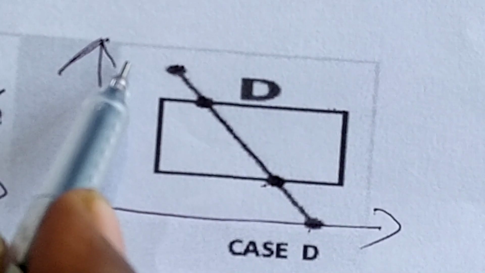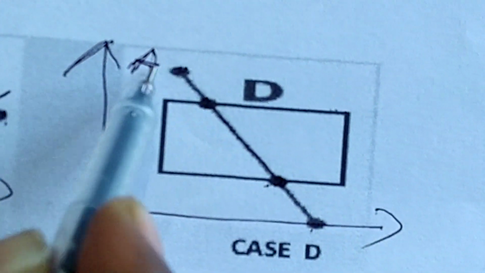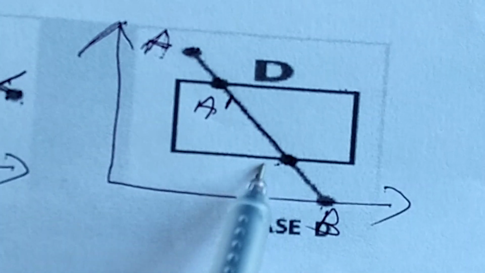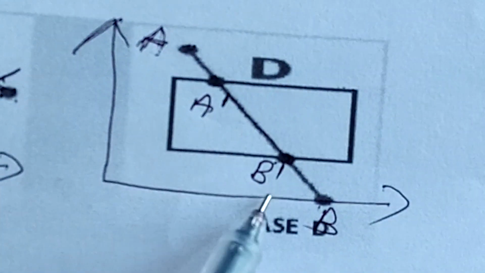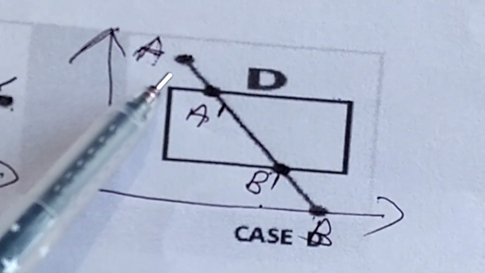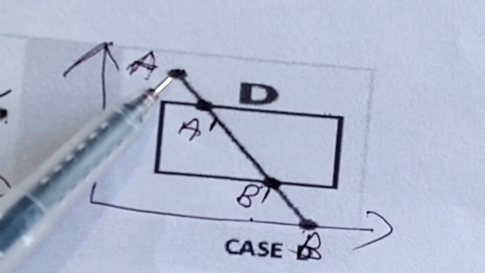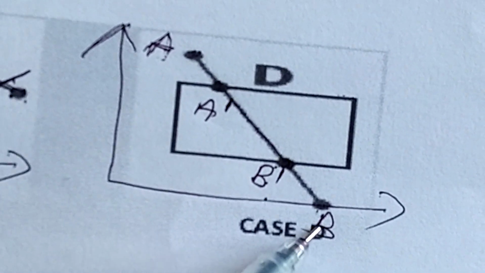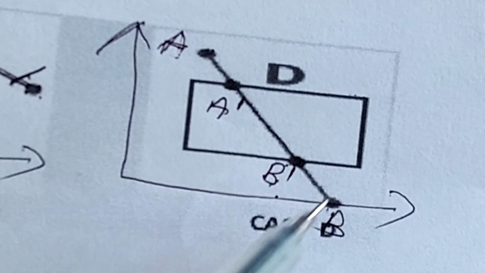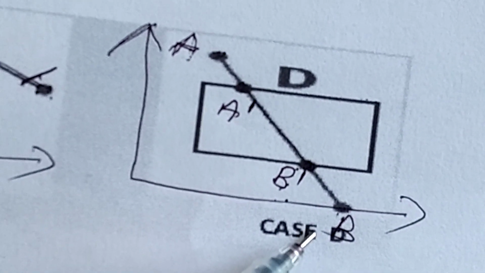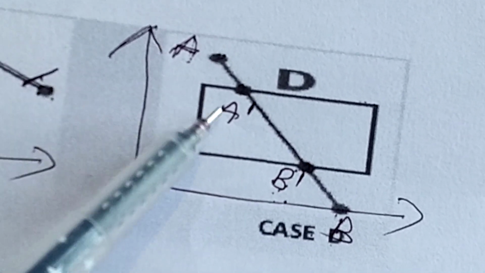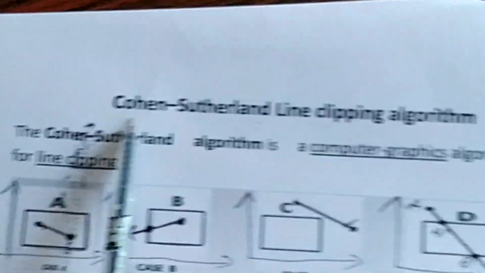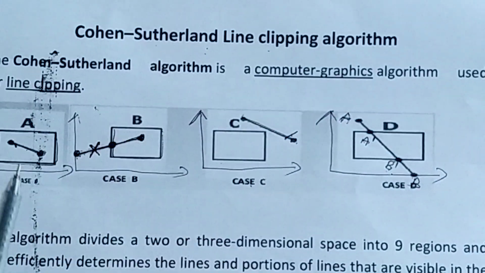For example, we'll name the line segment A, B, and the intersections A dash and B dash. As per the algorithm, we need to clip the portion of the line from A to A dash as well as from B to B dash. For that, we need to use one type of algorithm, the Cohen Sutherland algorithm.